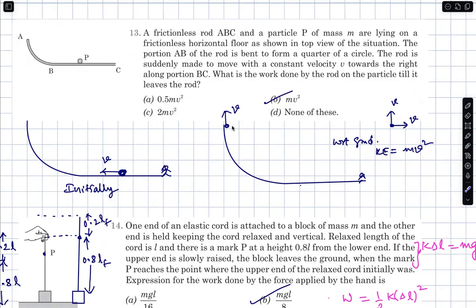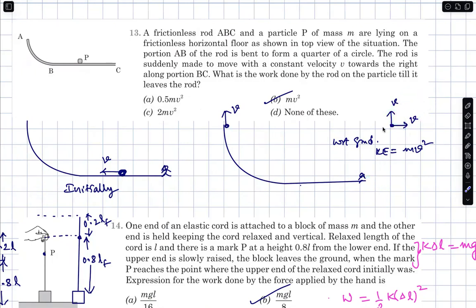Remember, you have a velocity v like this with respect to him. But with respect to the ground, you have two components. One is this one. Two, the velocity of this bar also. Together, you have two components, V and V.